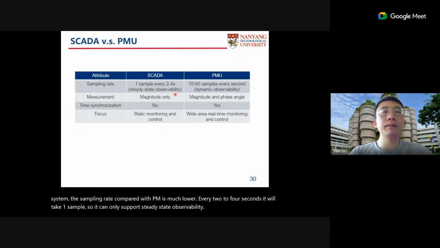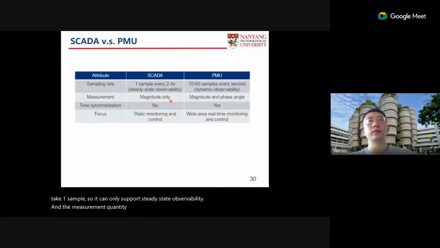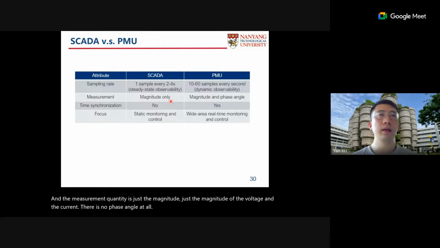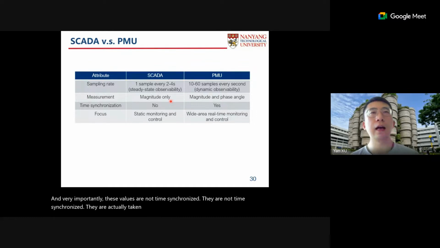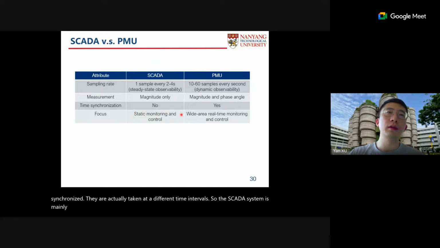The measurement quantity is just the magnitude of the voltage and the current. There is no phase angle at all. And very importantly, these values are not time synchronized. They are actually taken at different time intervals. So the SCADA system is mainly used for static monitoring and control, that is, for steady state analysis.